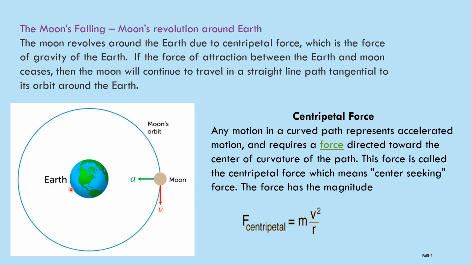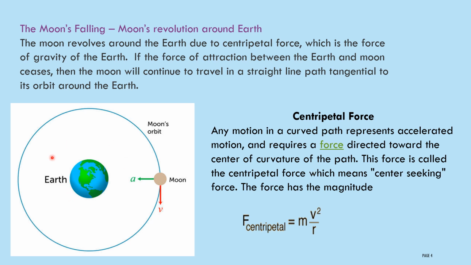Therefore, if an object is moving in a circular or curved path, it represents accelerated motion because at each and every point the direction of motion changes. This leads to a change in the velocity of the object. Then there is a force directed towards the center of curvature of the path.